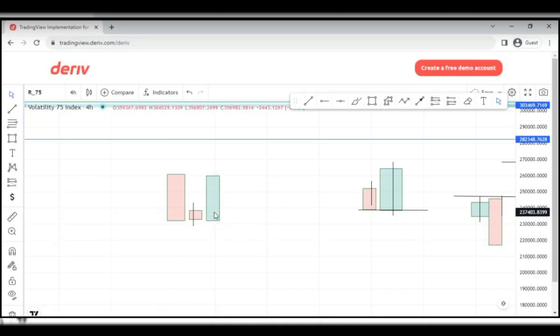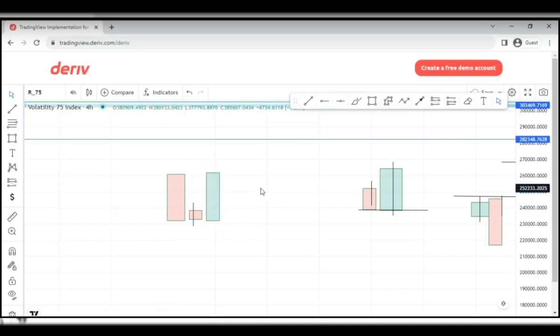This candle must close above this little one. If we end up closing on the same level, you can't call it a morning star. It has to close above it, and it has to be longer than the previous guy.